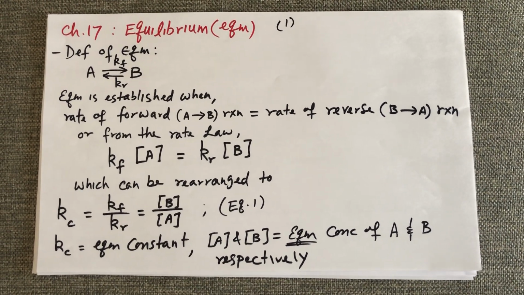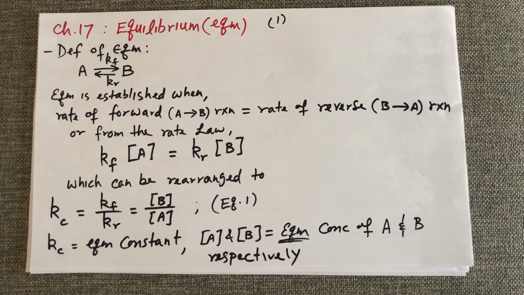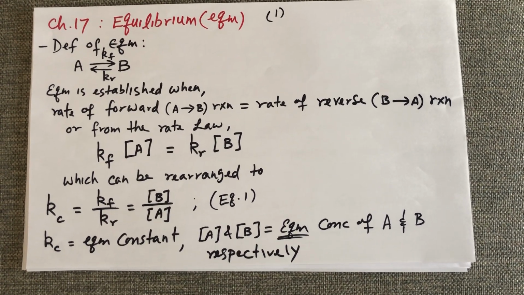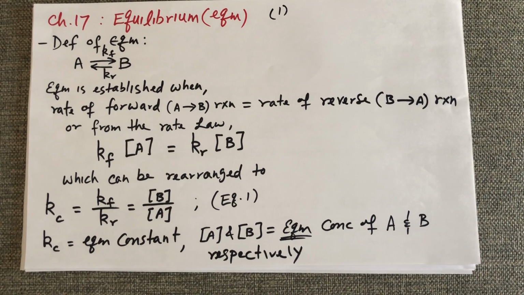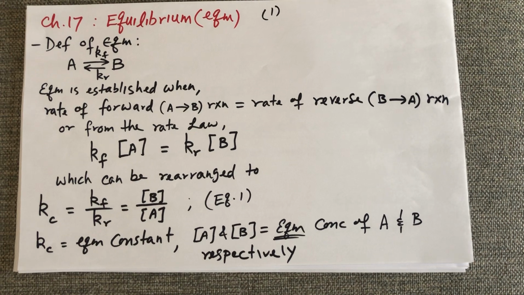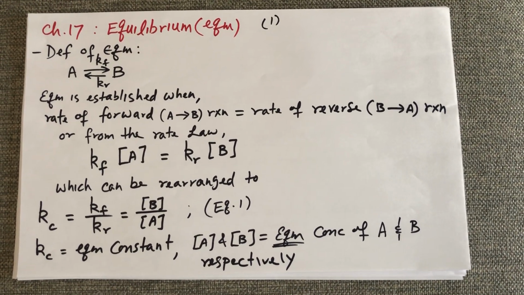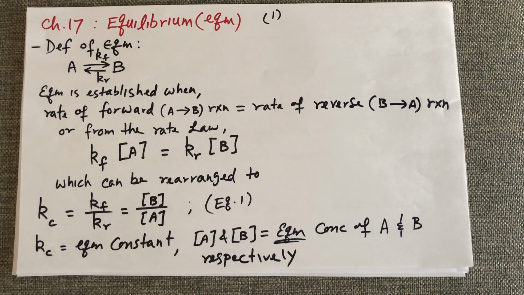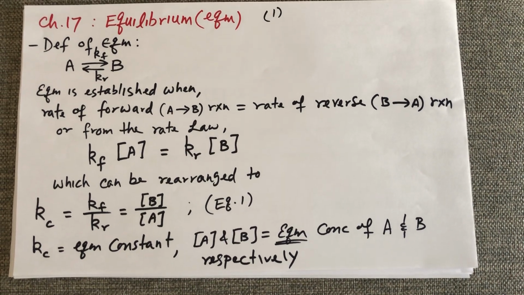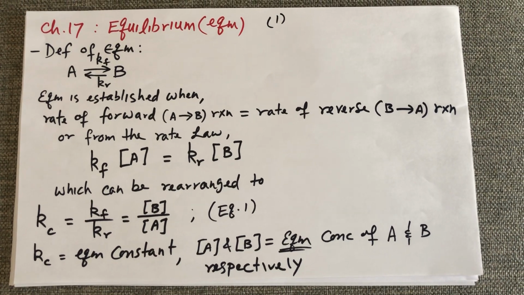The Kc, which is called the equilibrium constant, and it is very important for us to be able to relate to this as we proceed through the chapter, is defined to be the product concentration at equilibrium, in this case B, divided by the reactant concentration at equilibrium again. So basically Kc, the equilibrium constant, is the ratio of the product and reactant concentrations at equilibrium.